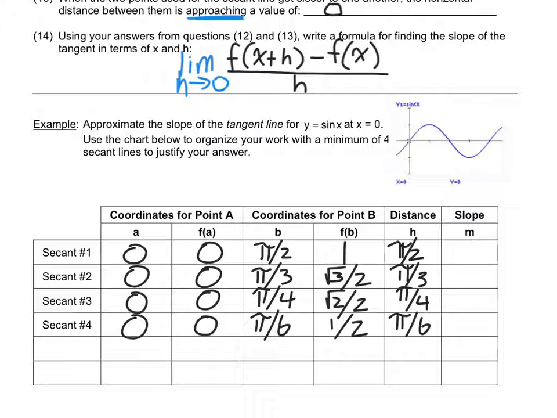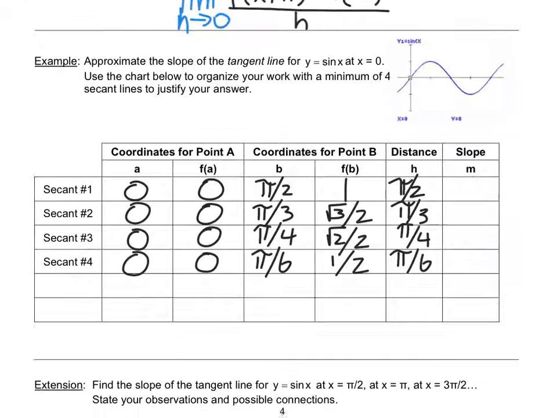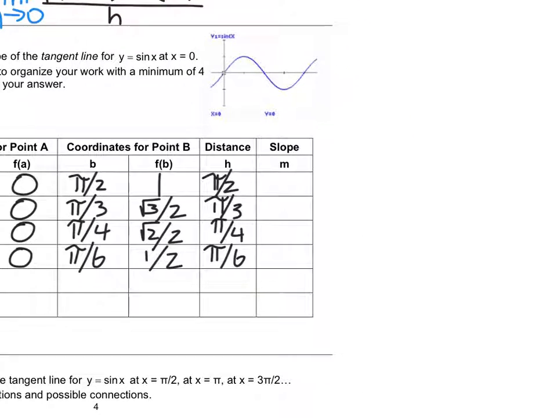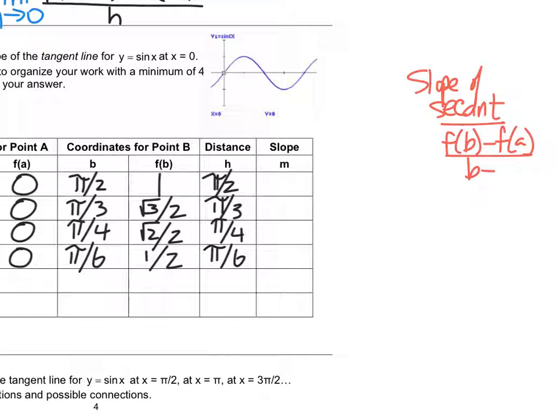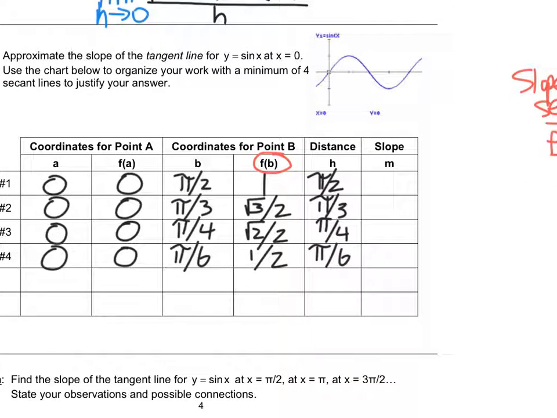All right, so we need change in y over change in x. But we discovered earlier, and that was kind of the point, the slope of the secant: f of b minus f of a over b minus a. If I take my f of b and subtract my f of a, it's just going to be my f of b again.